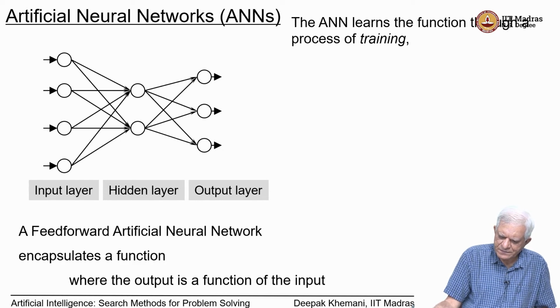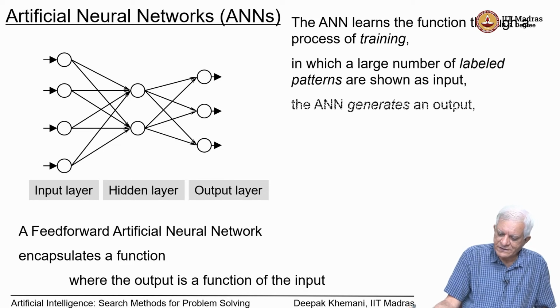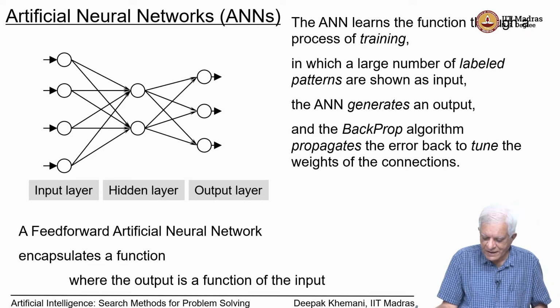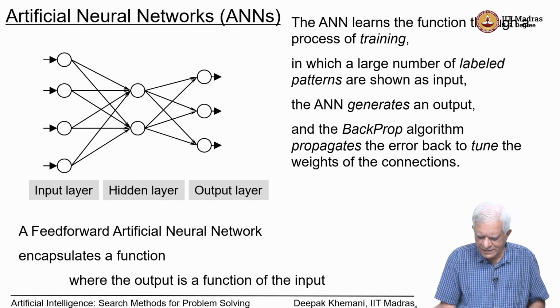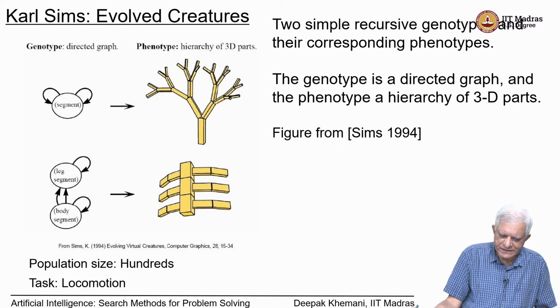The artificial neural network, or ANN, learns the function through a process of training, when a large number of labeled patterns are shown as input and the ANN generates an output. Then the algorithm known as backpropagation, or backprop, propagates the error back to tune the weights of the connections, and that is how neural networks work.